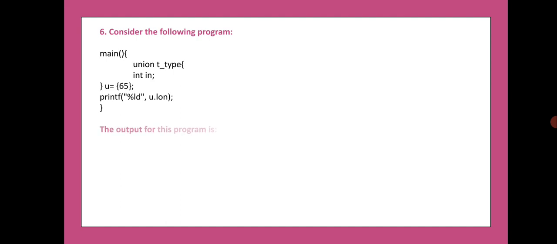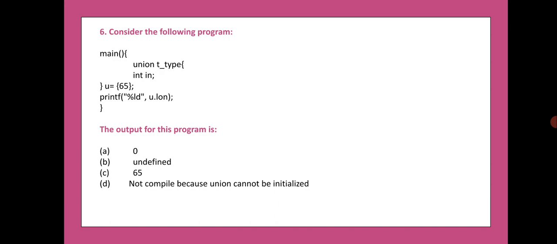The output for this program is what? To determine this, we need to write the value 65 in binary, since it is a union. So the total long union means I will have 4 bytes associated. We are trying to print long, right? Out of that, what should it print?